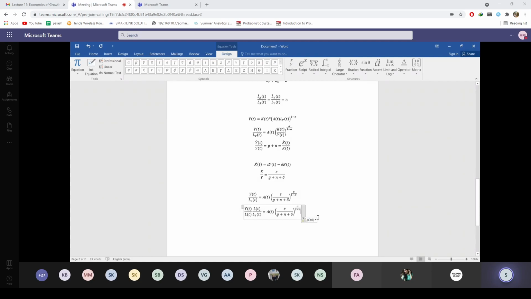So I can write small y_T equals this term into, since I'm only concerned about this balanced growth, so I will write this actually as L_Y_T over L_T.